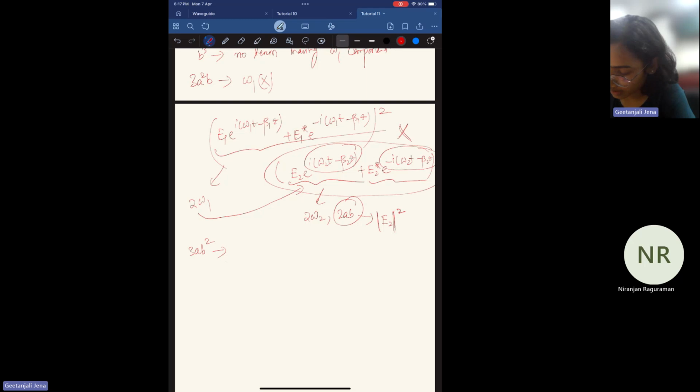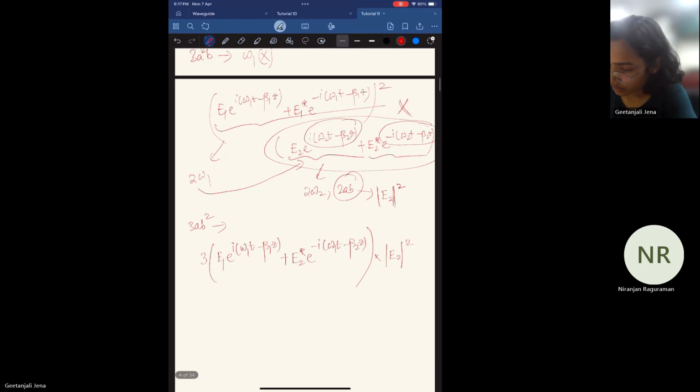So what I mean is we have 3A, where A is E1 e^(i(ω1t − β1z)) plus E1* e^(−i(ω1t − β1z)). And from B, I'm taking only the term which has zero frequency component, which is E2 squared. This will be 2E2 squared, like 2AB.